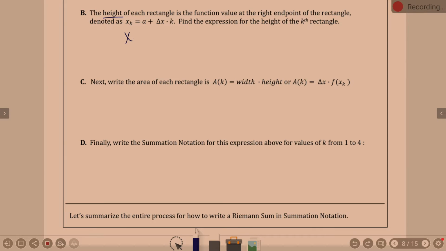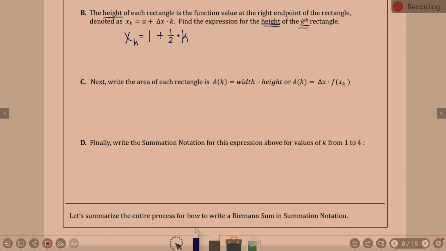Okay, so with this in mind, we're finding the height. Now, x of k. Do we know a? What is a? 1, I believe, plus delta x is 1/2 times k, which is the value we're leaving in there. So this expression is going to be for the height of the kth rectangle.